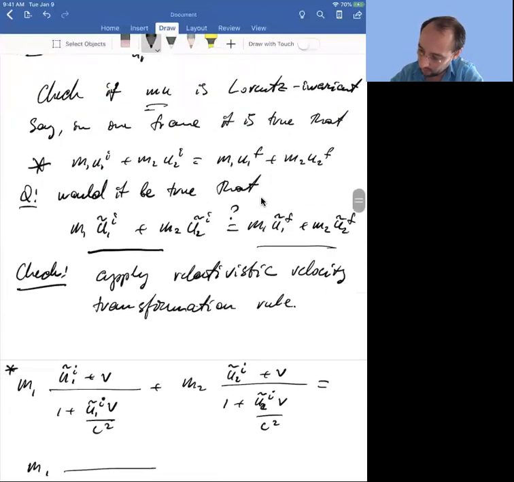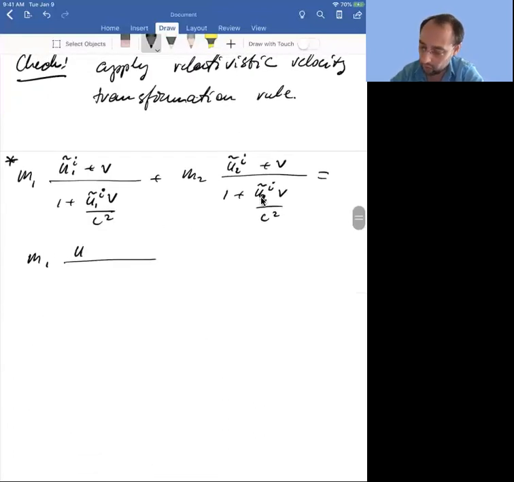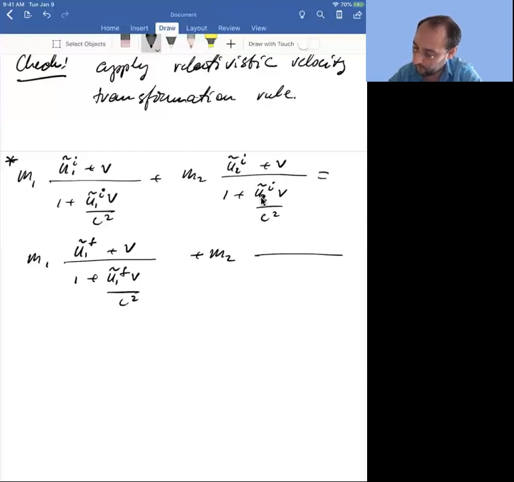Now I'm going to apply the velocity change rule. So notice what happens.